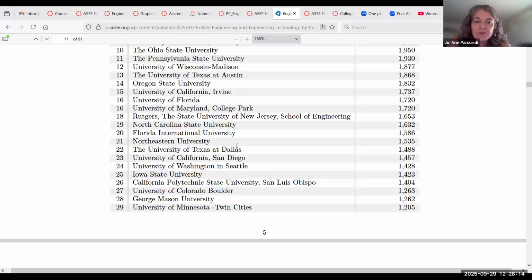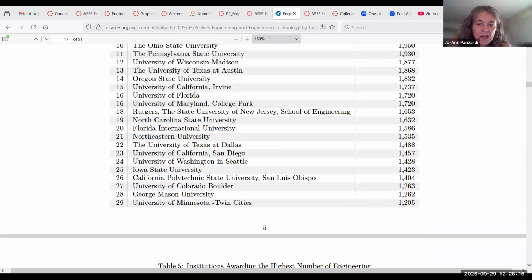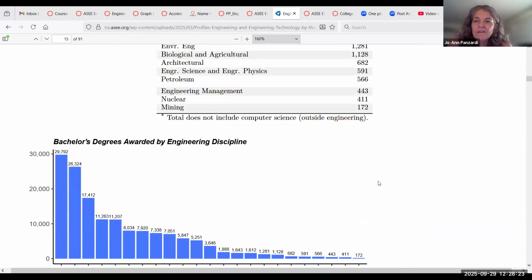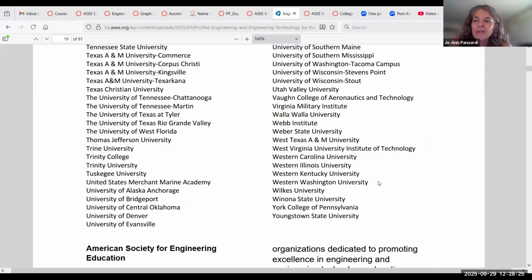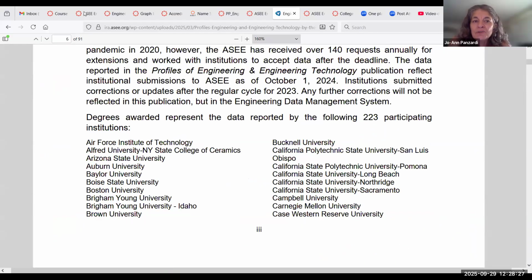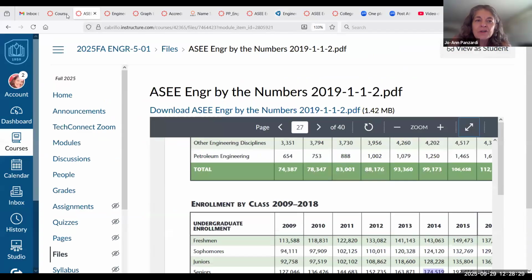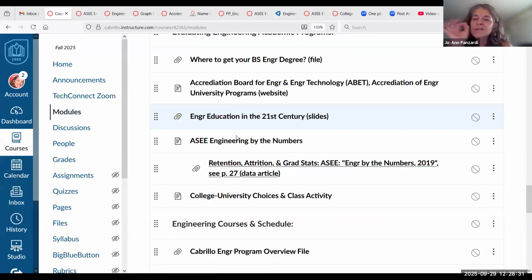Texas A&M is huge. Let's look at one from California. There's Cal Poly. Cal Poly, by contrast, offers 1,400. So this stuff, they just give you a lot of really cool data, which is giving you statistics of engineering programs, and in a way, they're giving you characteristics of their program.